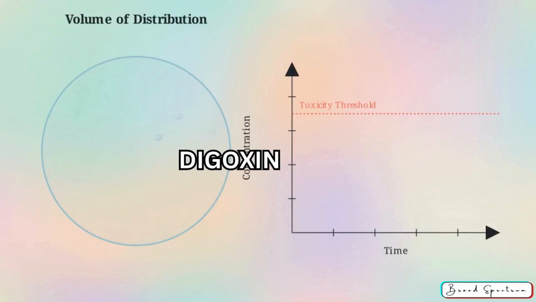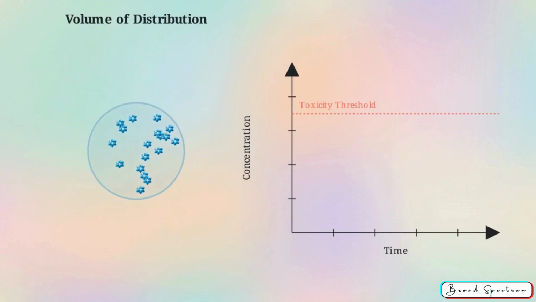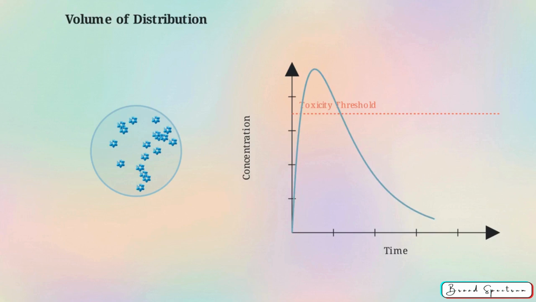For hydrophilic or water-soluble drugs like digoxin, the loss of total body water shrinks the drug's volume of distribution. Administering a standard dose into this smaller volume leads to a sharp spike in initial plasma concentration, drastically increasing the risk of toxicity.